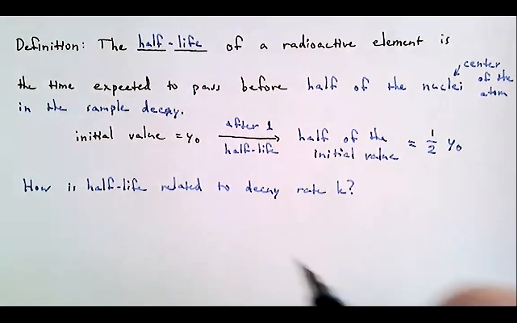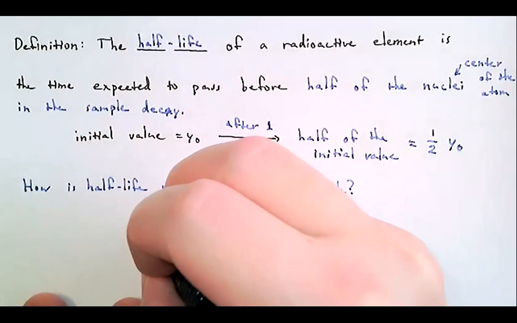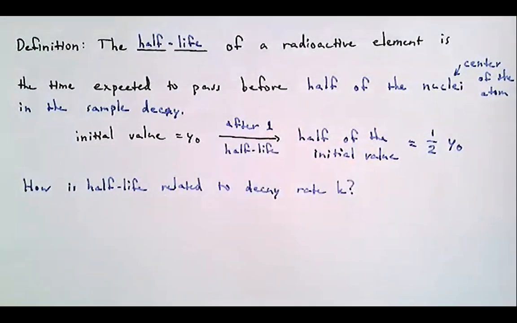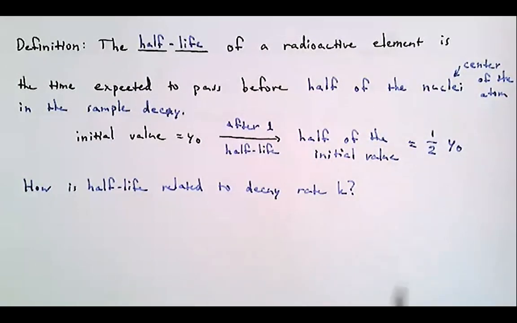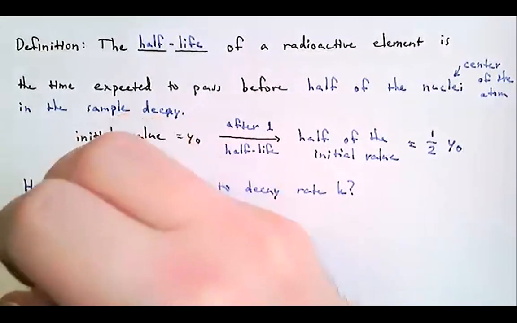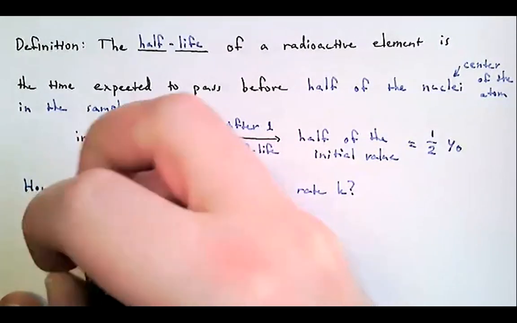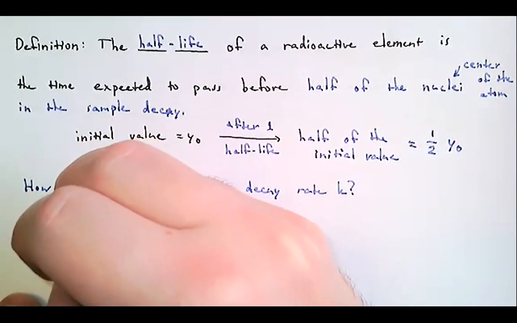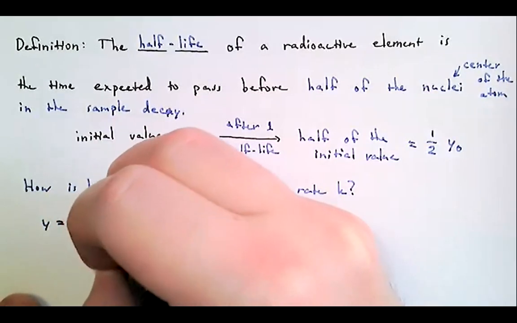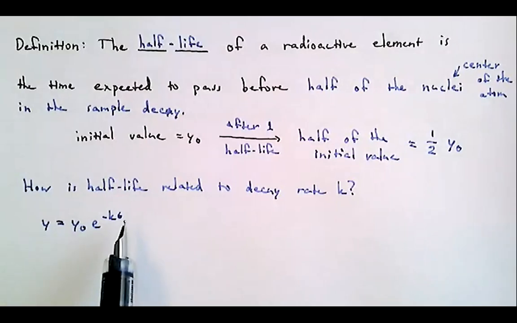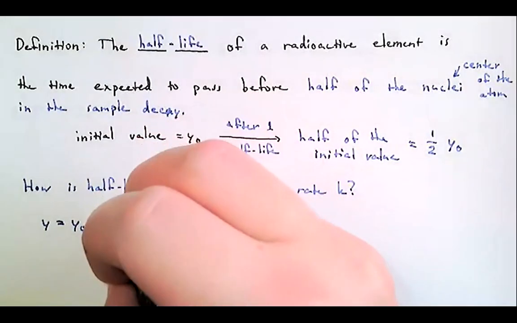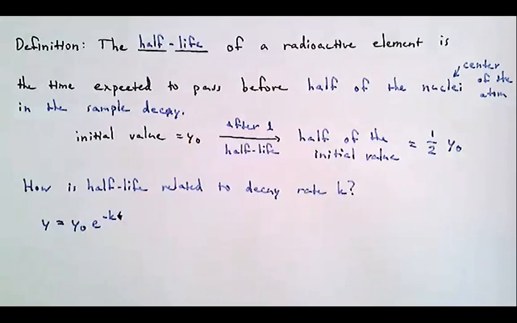We want to plug in the 1/2 y0 into our formula. So I'll write the original formula over here. So this is just the quantity left after a given amount of time, the old exponential decay formula.